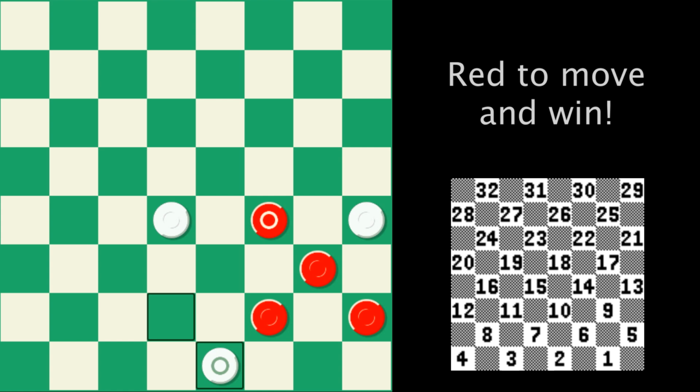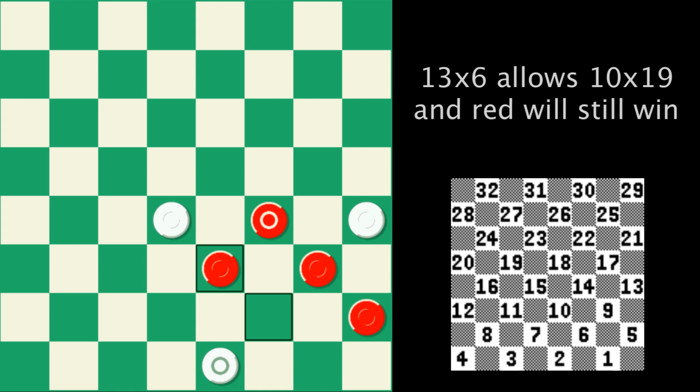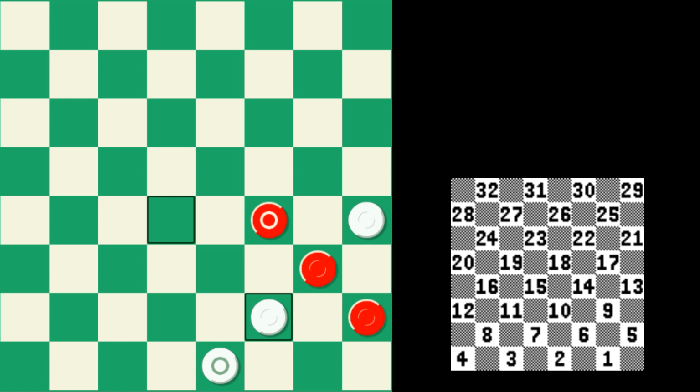What Red does is it moves 6-10 next. So obviously here, White needs to jump 15-6. And now Red is going to press the piece on 6 and go in for another king.